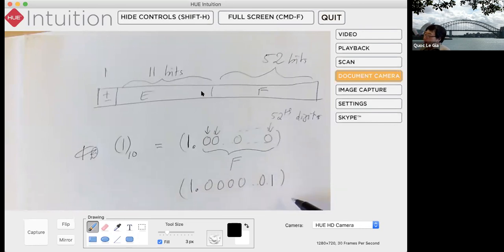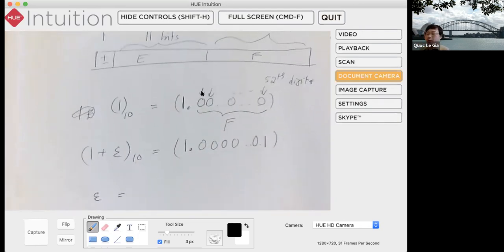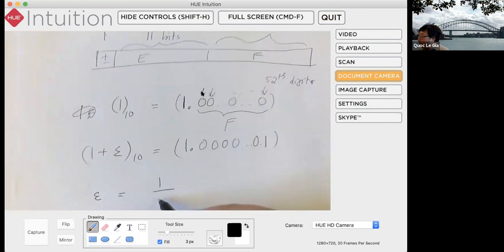Here they call it 1 plus epsilon. So epsilon is just the gap between 1 and the next machine number. The 10 here just means base 10. When you take the difference, epsilon will be the last digit, 1 over 2 to the 52.